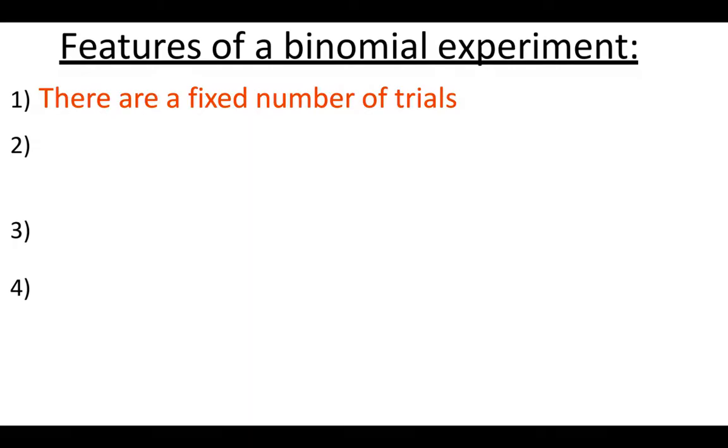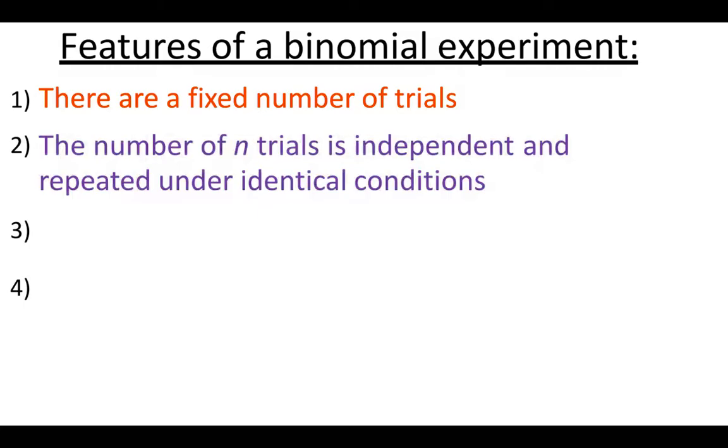First thing that always must be true is there are a fixed number of trials. Meaning before we do anything, we're going to say, well, we're going to spin this wheel 100 times, or we're going to flip the coin 50 times. So there's a fixed number of trials. It doesn't change as we go along in our experiment. The next thing is the n trials are independent.